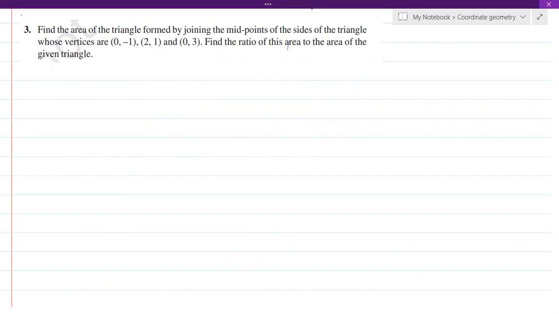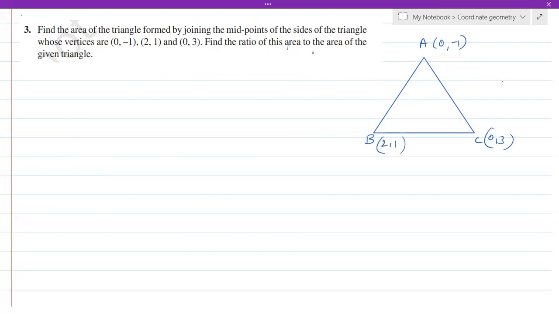First, they have given us a triangle. Let's draw a triangle. Let's say this is the triangle ABC, and they have given the coordinates: A is 0, comma minus 1, B is 2, comma 1, and C is 0, comma 3.